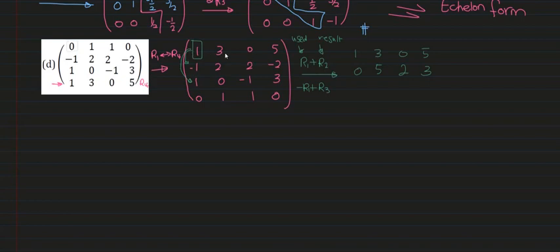So it will be -1, -3, 0 times -1 is 0, and then -5 because it's 5 times -1. These values will be directly added to row 3. So it's -1 plus 1, this is 0. -3 plus 0, this is -3. 0 plus -1, that is -1. -5 plus 3, this is -2.